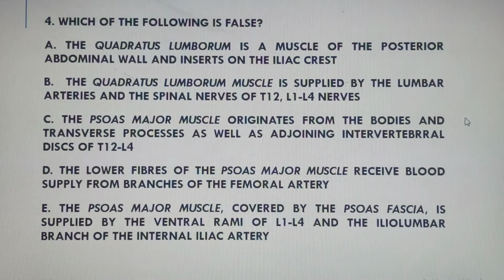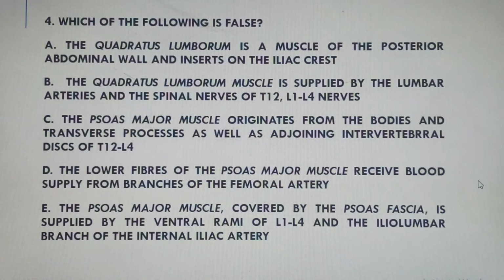I'll show you. Option C says the psoas major muscle originates from the body's transverse processes, as well as the adjoining intervertebral disc of T12 to L4. That's also a very true statement. Now, option D says the lower fibers of the psoas major muscle receive blood from branches of the femoral artery.